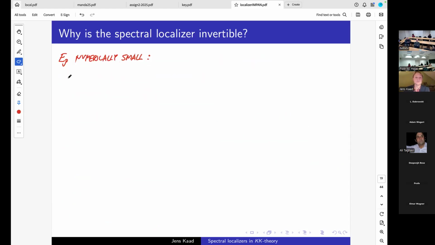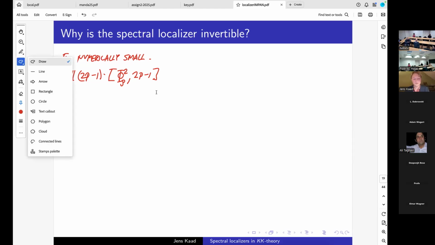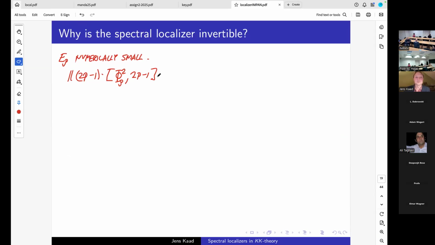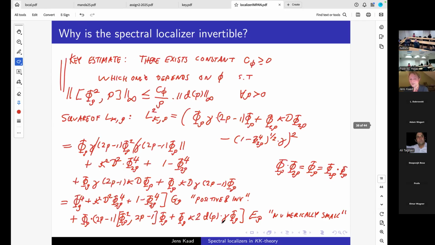So I'm going to look at the operator norm of 2p minus 1 times the commutator between phi rho squared and 2p minus 1, plus, that was the interior for the first term in E rho, now I have the interior for the second term in E rho.